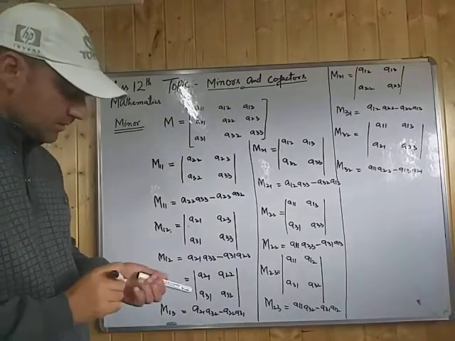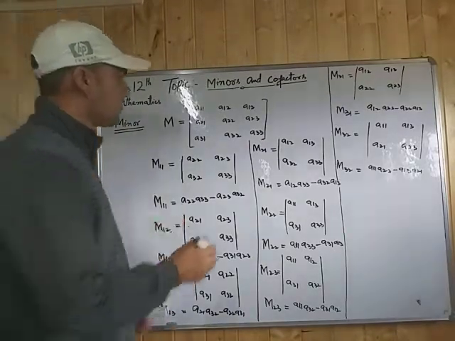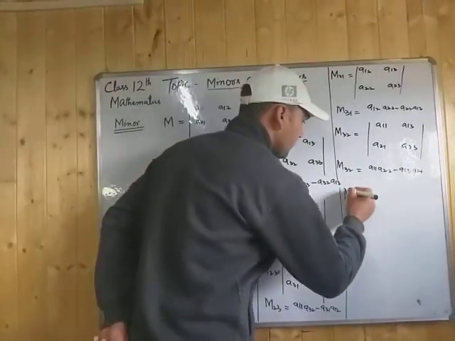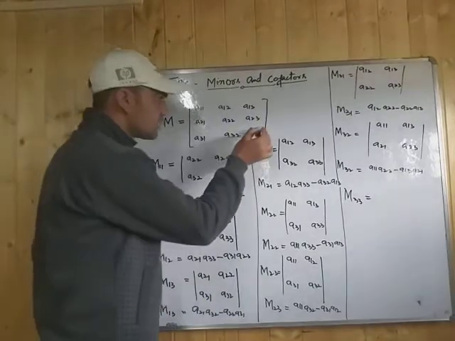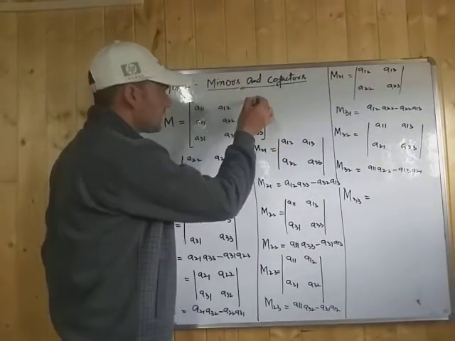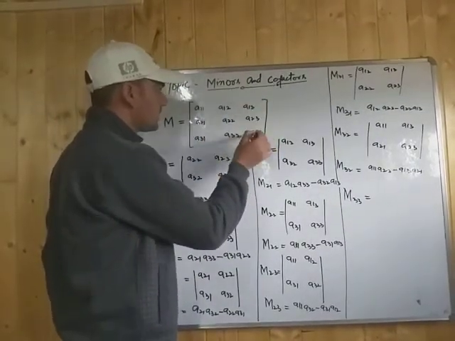So next, that's the last minor. That will be M33. M33 is equal to, by deleting third row and third column. So we delete third row and third column.